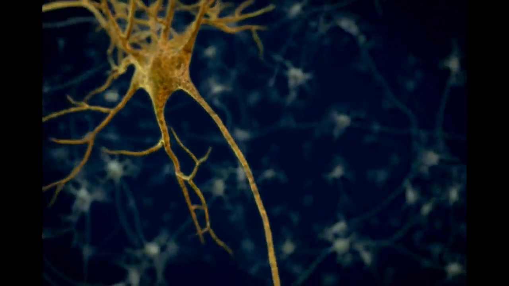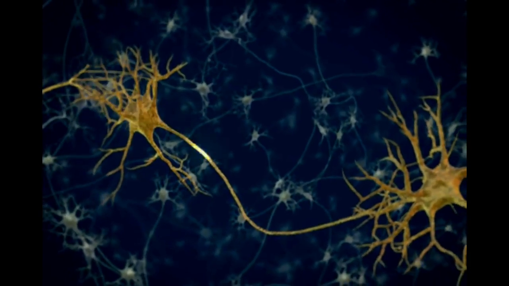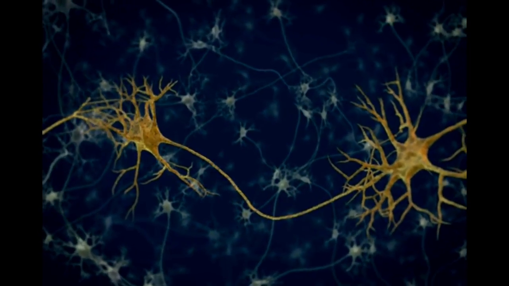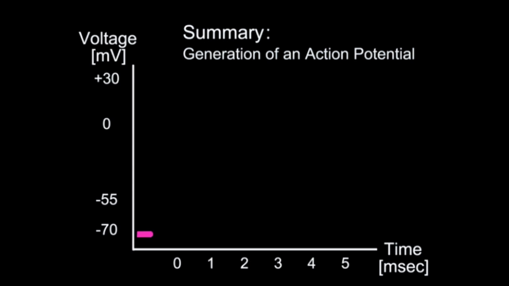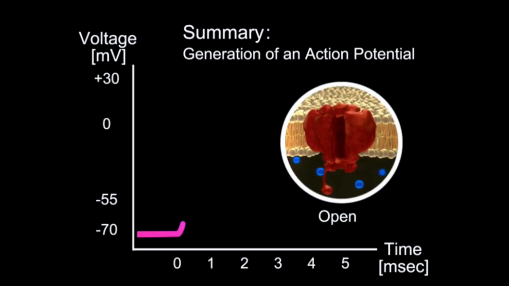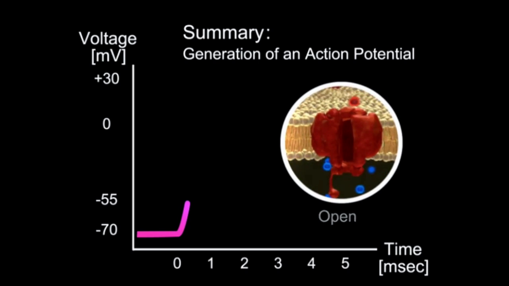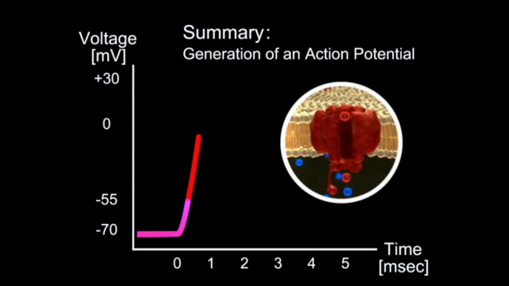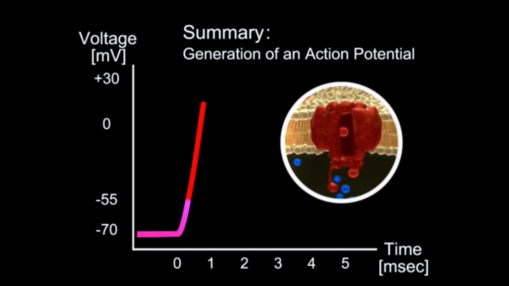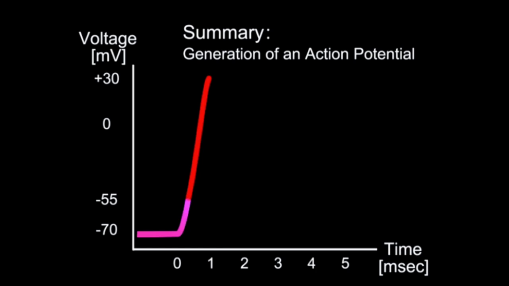The neuron is now ready to fire another action potential. Summary. Generation of an action potential. A threshold stimulus opens voltage-gated sodium channels. Sodium ions diffuse into the axon, depolarizing it to plus 30 millivolts.